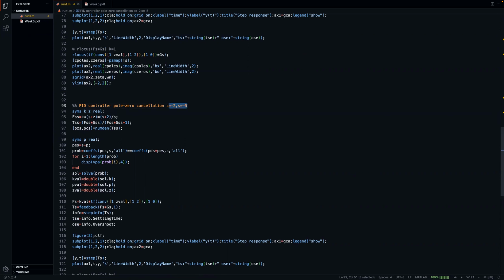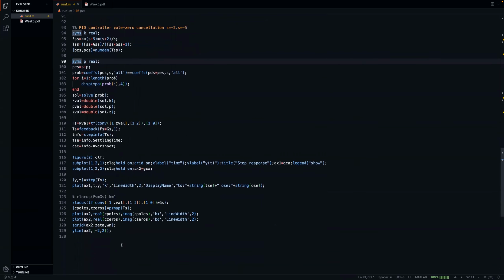So I might get rid of -2 and -5 by canceling both of them out. Then this problem would become a P-type controller design problem, because it gets rid of the poles and zeros of the controller and the system. So we're left with basically the following characteristic polynomial.